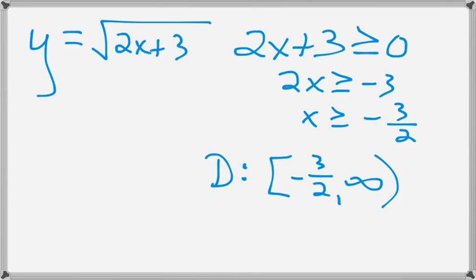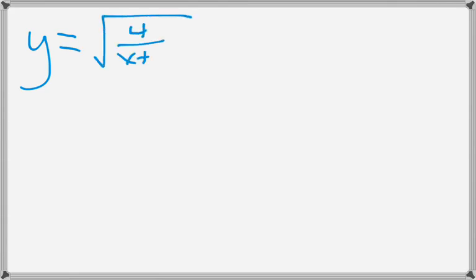Sometimes we see functions that have both a radical and a fraction, so let's look at some of those. So here we have y equals the square root of 4 over x plus 2. So there are a couple things going on here that we need to take into consideration.